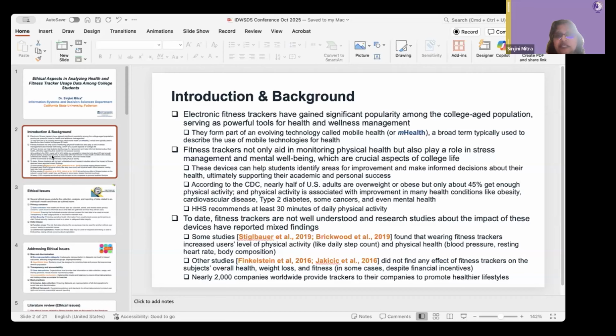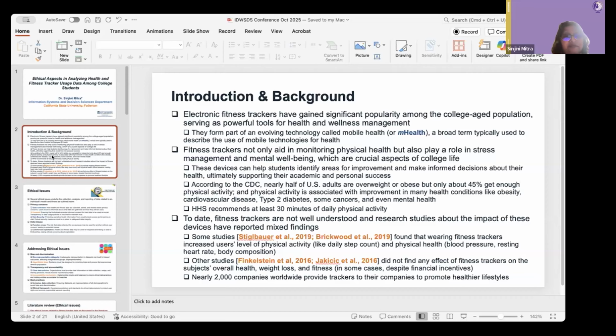Fitness trackers not only aid in monitoring physical health, but they also play a role in stress management and mental well-being, which are crucial aspects of life and also college life, because this study is on college students. They can help students identify areas of improvement, make informed decisions about their health, ultimately supporting their academic and personal success. And HHS recommends at least 30 minutes of daily physical activity.